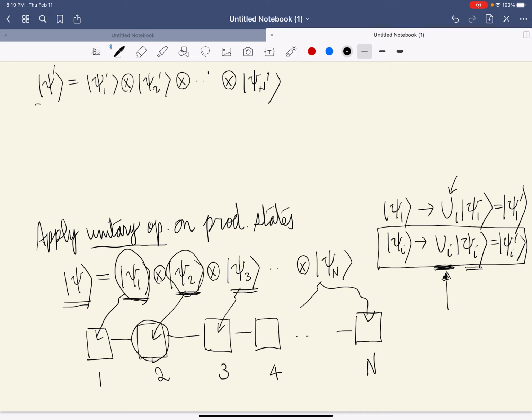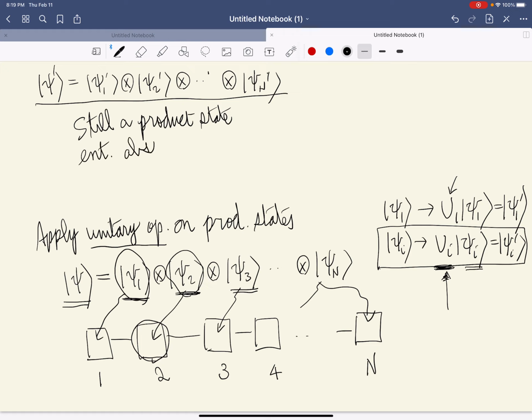However, from this form, it's clear that even after this evolution, this is still a product state. And therefore, there's no entanglement built in. Okay, entanglement is still absent. Okay, so clearly from this simple exercise, we can see that this is simply not a very good way of embedding entanglement into the given system.